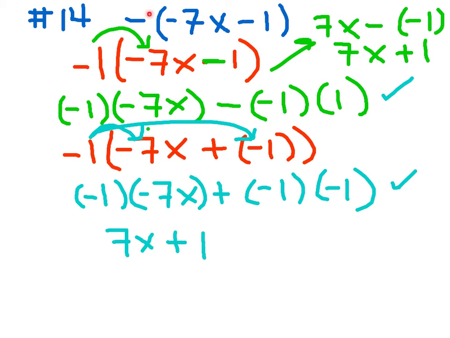So it's as if there's an unwritten 1 here, because 1 is the multiplicative identity, so 1 times anything gives me what I started with. And the second question is, why are there parentheses? The answer is so you remember to distribute to both numbers.